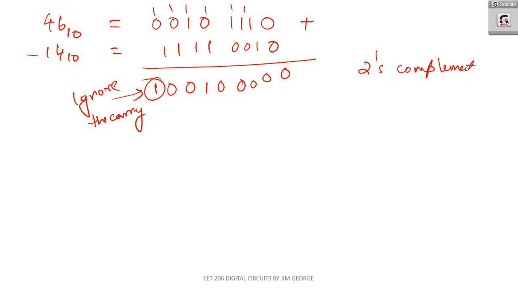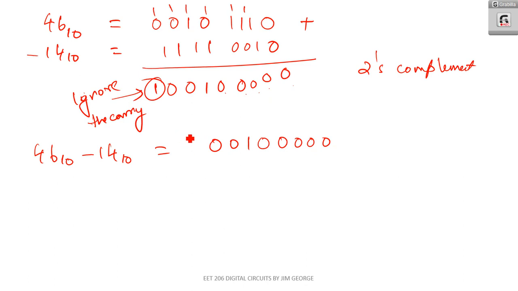Now, therefore, what is the answer? So we will try to give the answer. It is 46 to the base 10 minus 14 to the base 10. That is given by 0, 0, 1, 0, 0, 0, 0, 0.